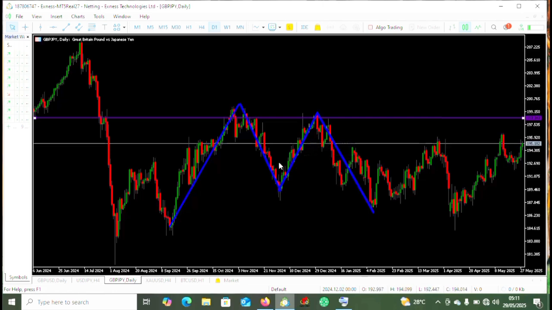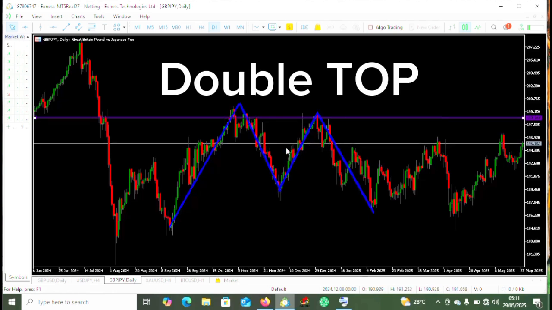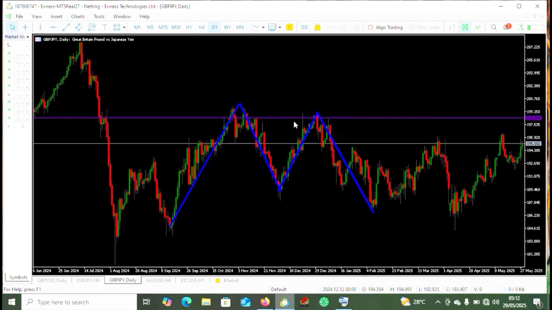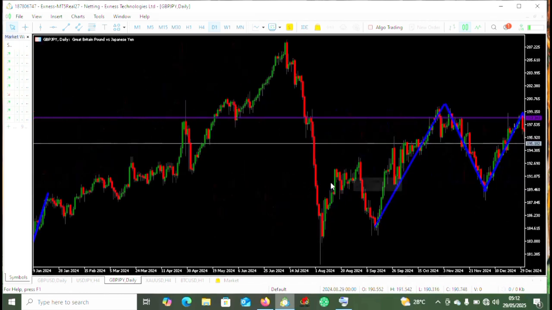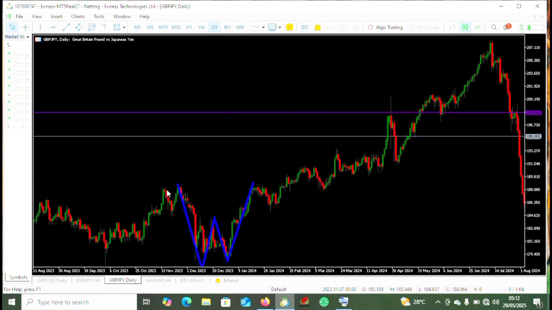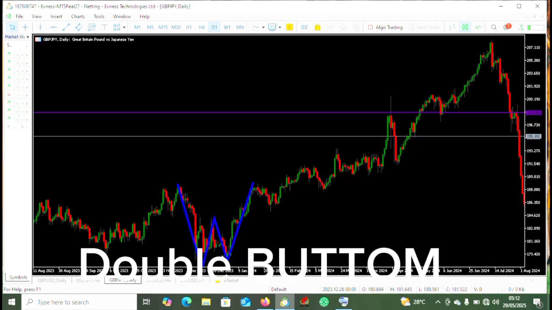This is your M shape. Your M shape identifies your double top, and your W shape. Let's quickly look at the W shape. If you look at this very well, you see that price rallied down from here, went up a little, came back, giving us double touches.